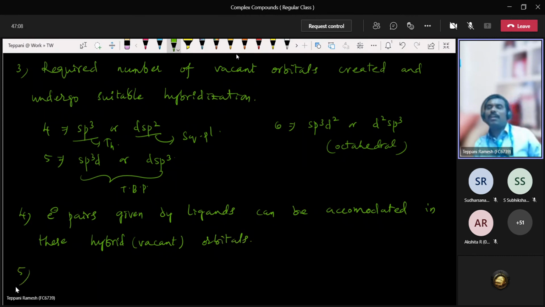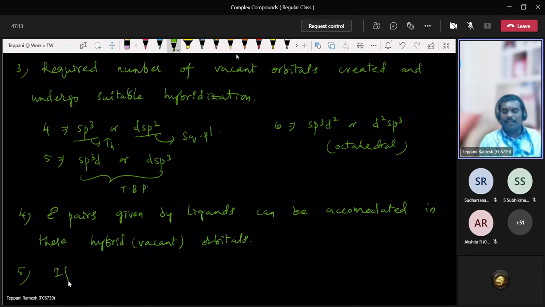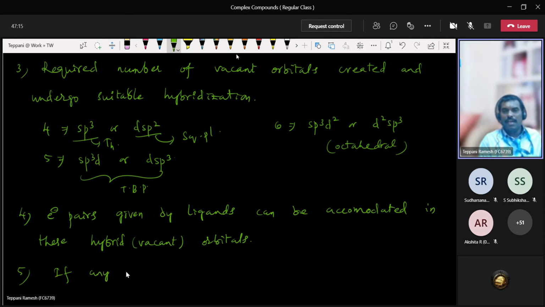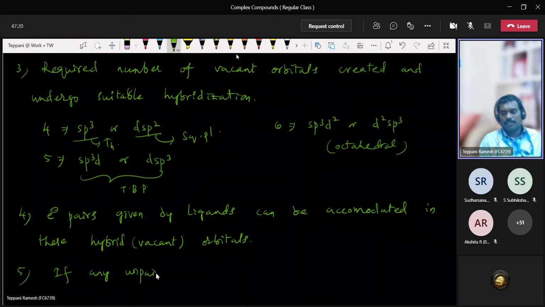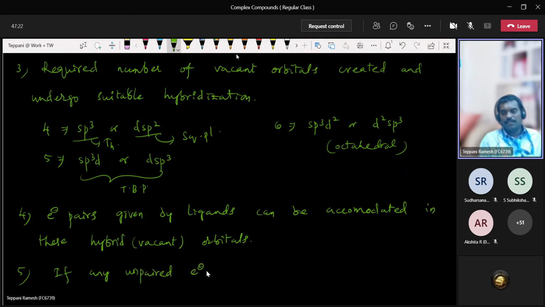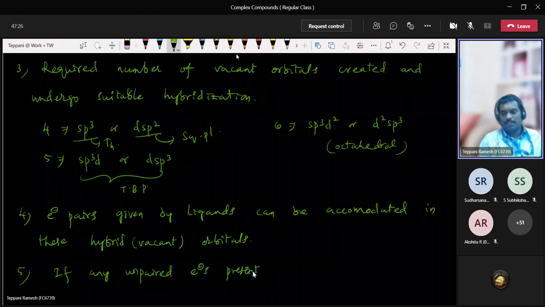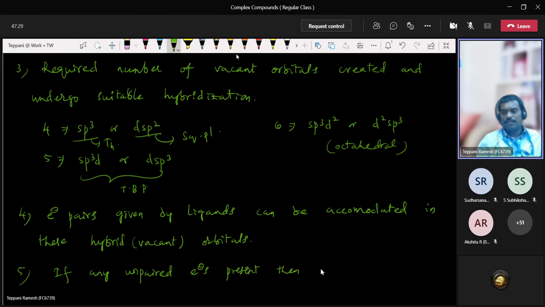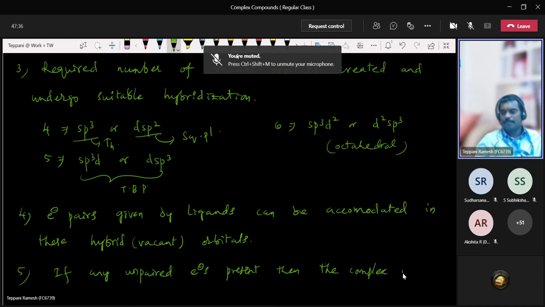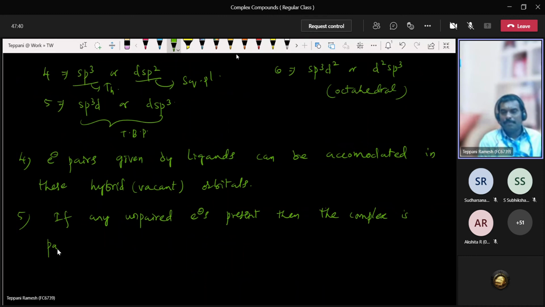After all these things, if any unpaired electrons are present, then the complex is paramagnetic.